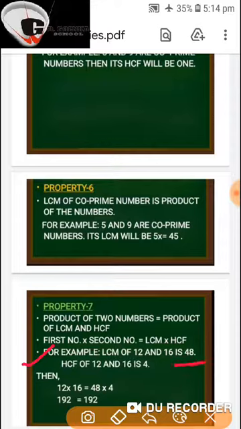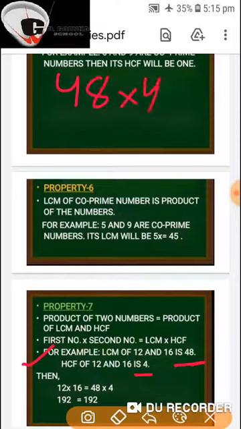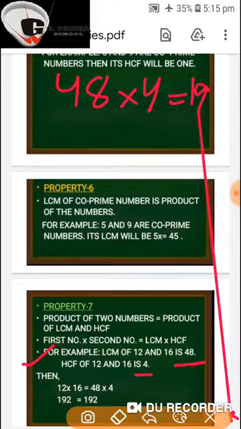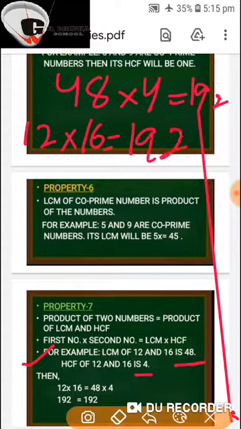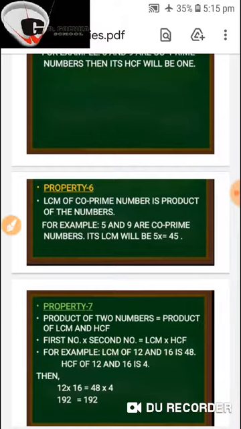And the HCF of 12 and 16 is equal to 4. The product of LCM and HCF is equal to 192. And the product of the two given numbers, 12 and 16, is also equal to 192. So the product of two given numbers is always equal to the product of LCM and HCF.